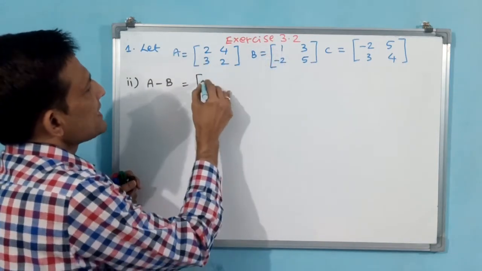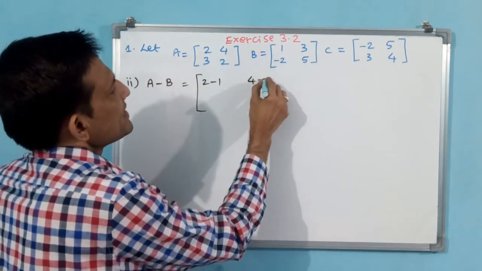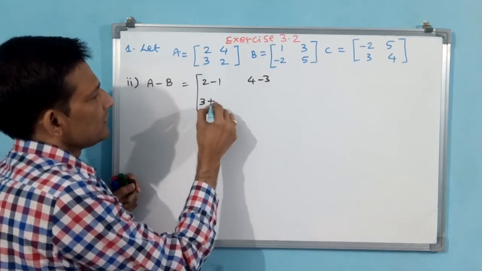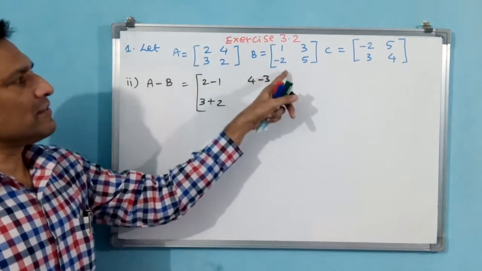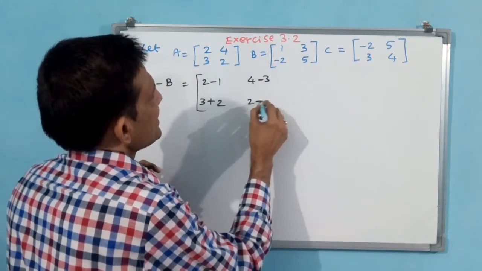2 minus 1, 4 minus 3, 3 minus of minus 2. Shall I write plus 2? 3 minus of minus 2, and 2 minus 5.